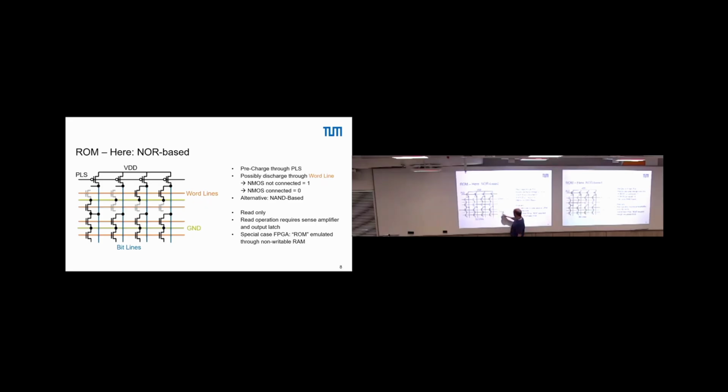So if we have a connection to ground, we would have electrons flowing out. Sorry, that's the wrong path, I should be precise here. From here, we remove whatever charges are here, because now the word line is at 1. So this value is logically now at 0. Makes sense? Because we have discharged this capacitor.